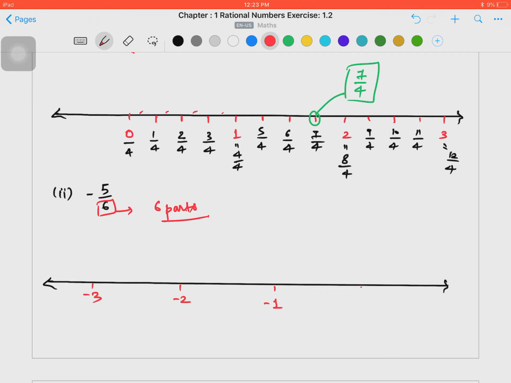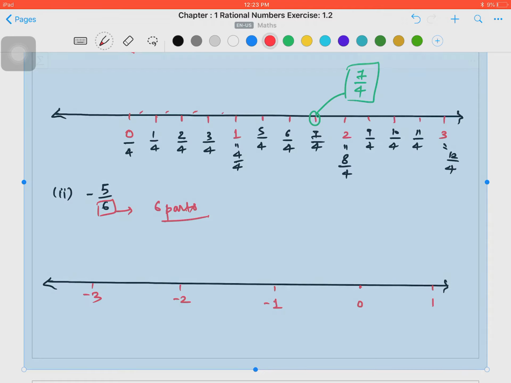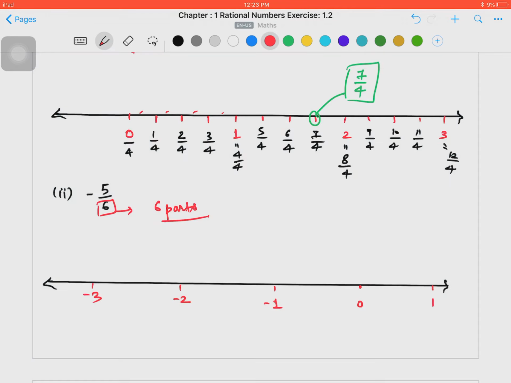Let's mark 0 here and here 1. Now we have to divide it into 6 parts. Let's start. These are the 2 parts, and we have 1 here, 1 here. That's how you can divide it into 6 equal parts.